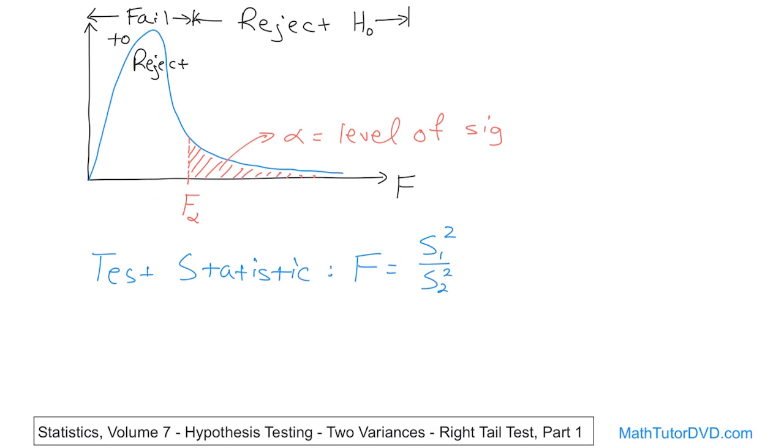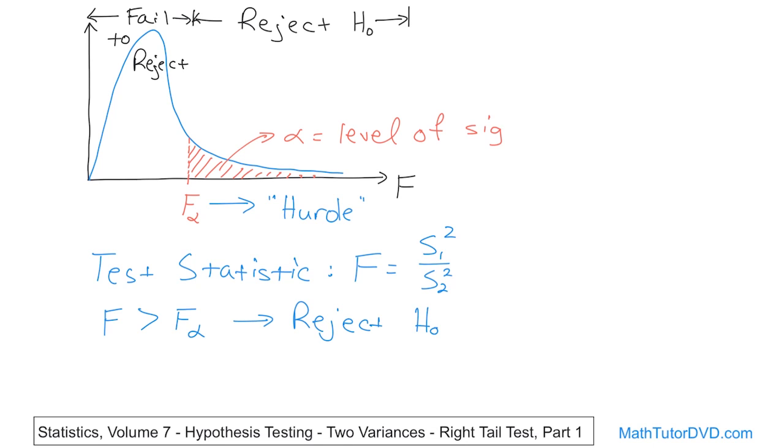Either it's going to fall here or it's going to fall here, and this is your hurdle. This is the hurdle that you jump over. I like to refer to it as the hurdle because essentially it's telling you what number you have to cross, what threshold is statistically significant for your data. We'll get into some problems in a second. And just to write it all down, if you get a test statistic that's greater than F sub alpha for a right-tail test, then you're going to be in this shaded region, and that's going to mean that you reject the null hypothesis.